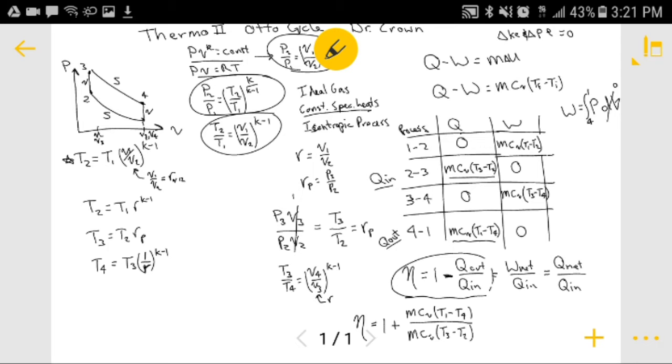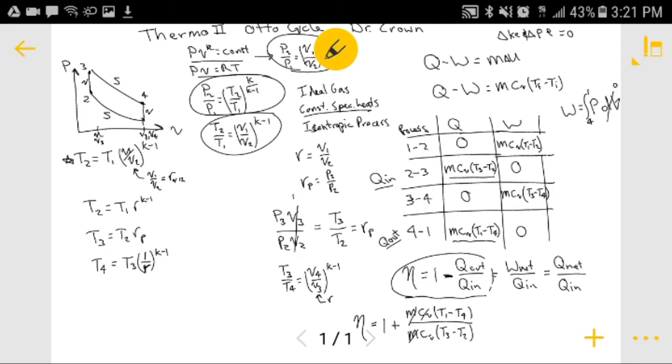Then I would get Q in plus Q out over Q in, and that would give me 1 plus Q out over Q in. And then in that case, I would have to pay attention to the sign for process 4 to 1 and make sure that that comes out negative. So I'm going to continue on with this.